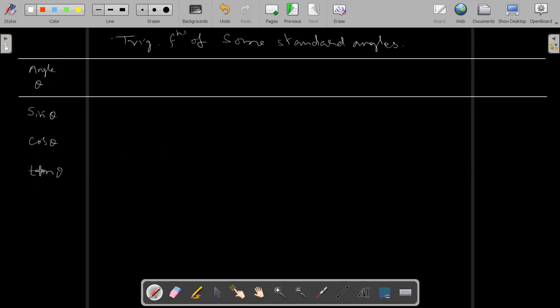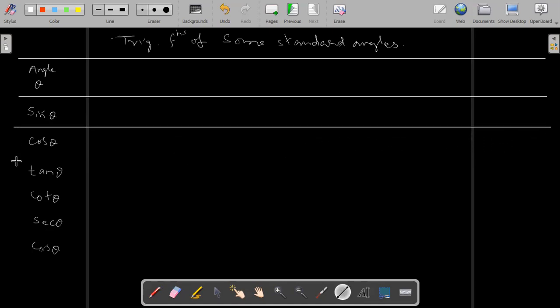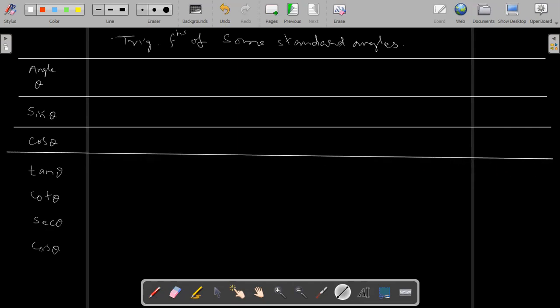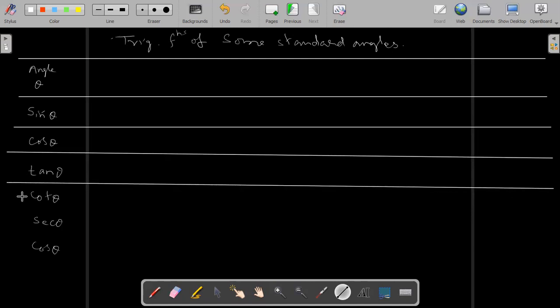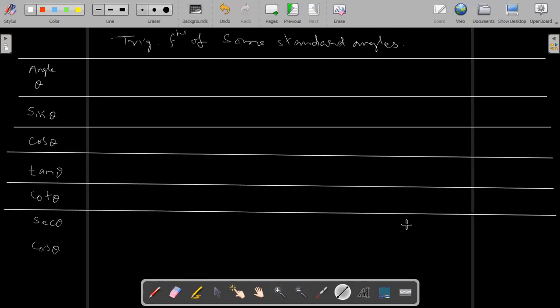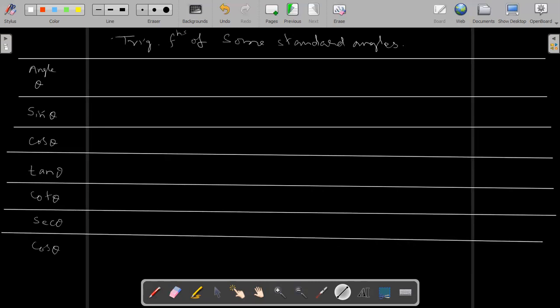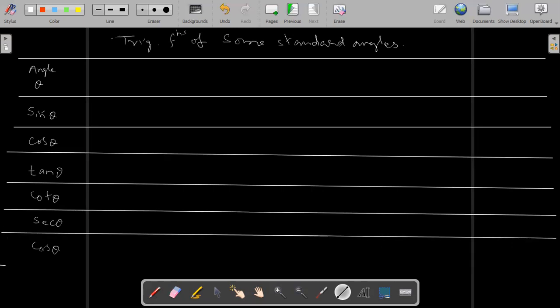Then we can write cot theta, sec theta, and cosec theta. These values we will see. Half of the values we have already studied in class 10th up to 90 degree, and you have done the questions also, although it was, I think, a deleted portion for you, but you must know that.